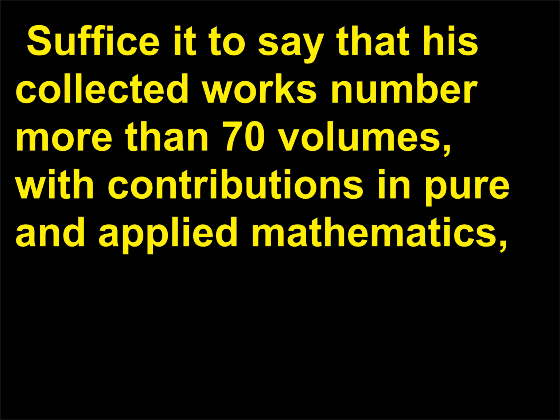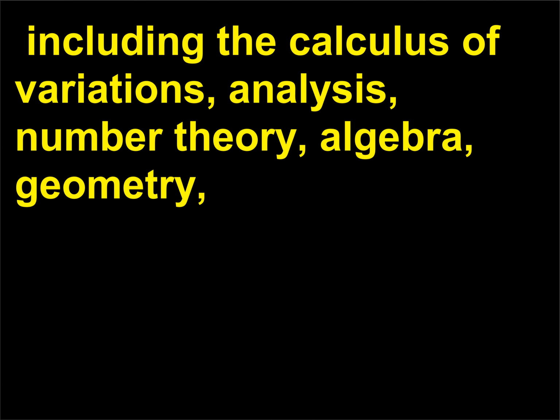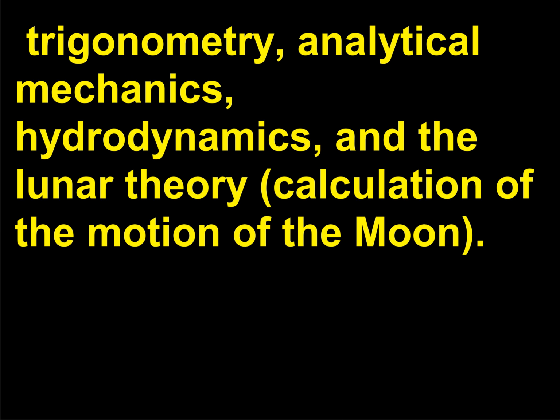Suffice it to say that his collected works number more than 70 volumes, with contributions in pure and applied mathematics, including the calculus of variations, analysis, number theory, algebra, geometry, trigonometry, analytical mechanics, hydrodynamics, and the lunar theory, calculation of the motion of the moon.